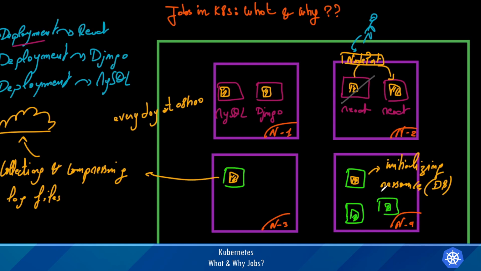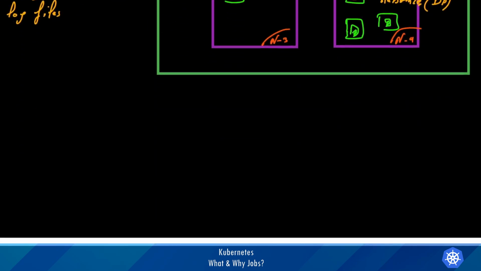So what we want to achieve is to make sure that this task is successfully achieved and the pod was successfully terminated. And if the pod fails before performing this task, the pod should be recreated. And the solution here is to use jobs in Kubernetes.